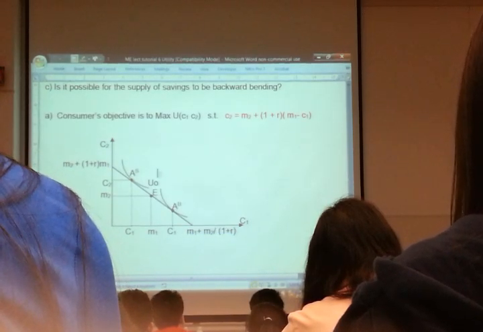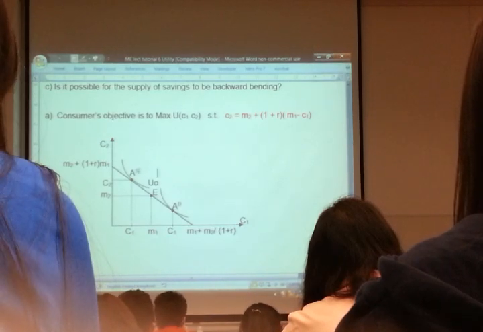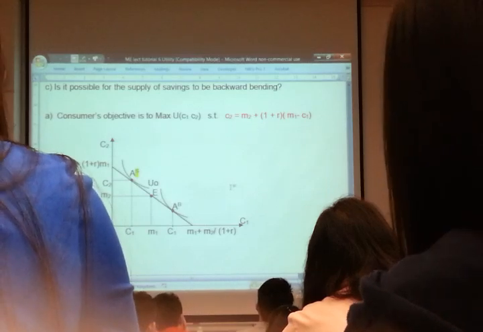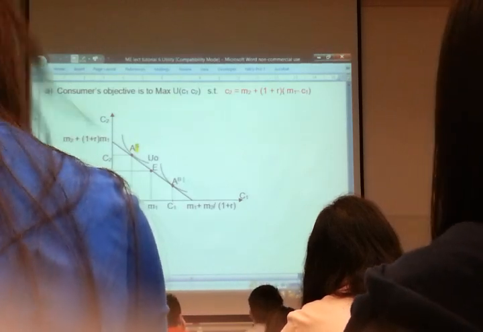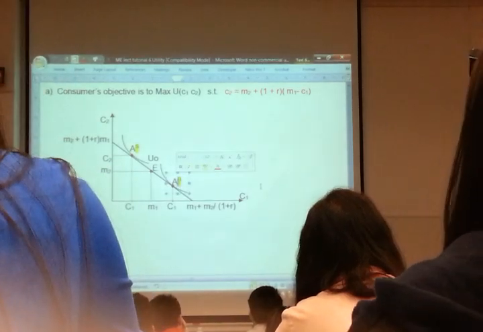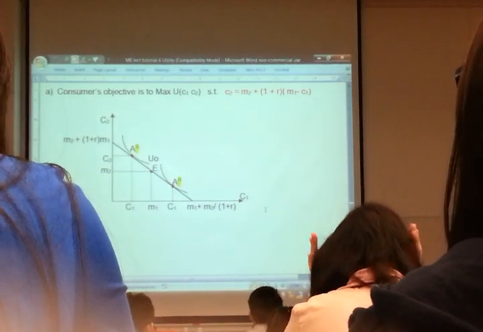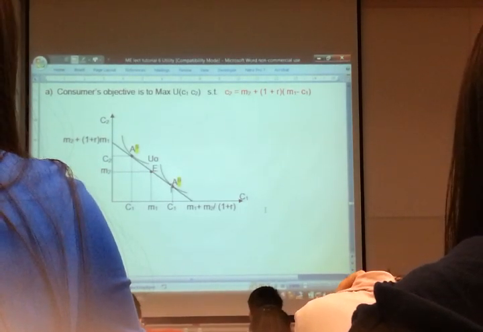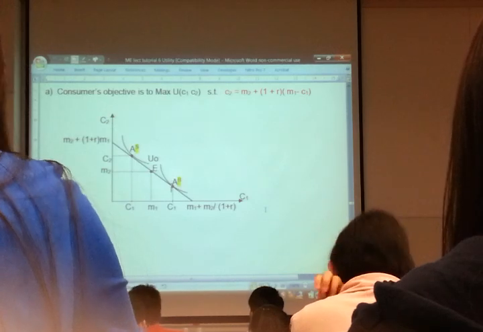And for savers, the point A should be here. If it's the borrower, the point A should be here. This one, do you need me to explain all of it? Sure. Okay, so we have done this.